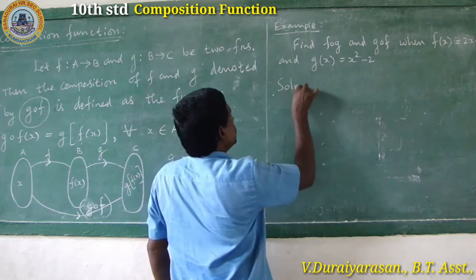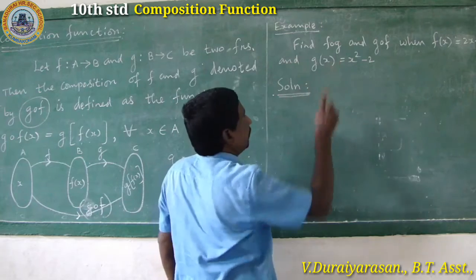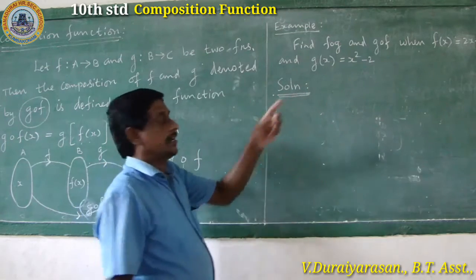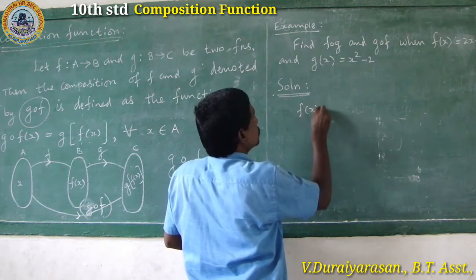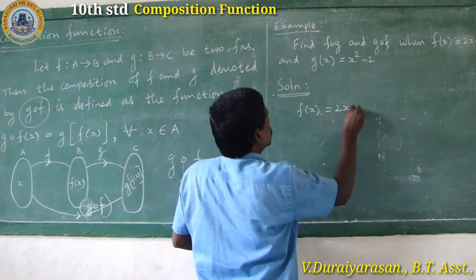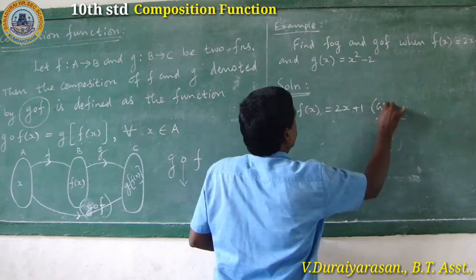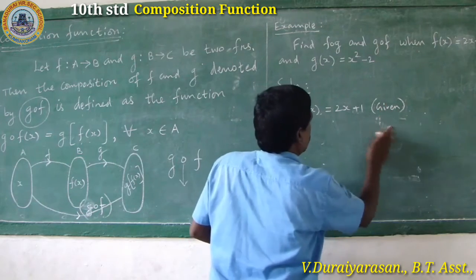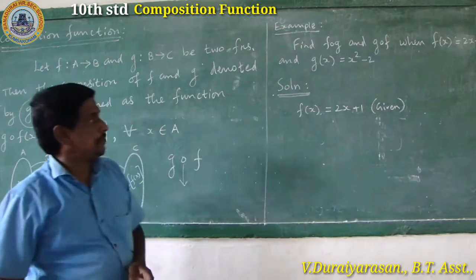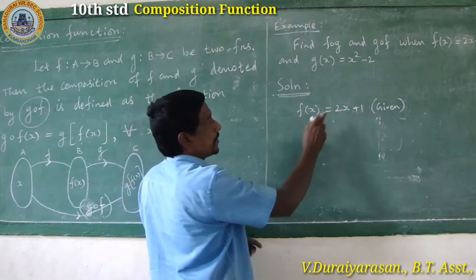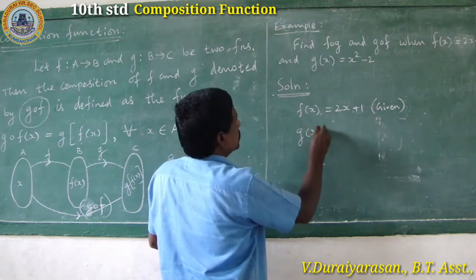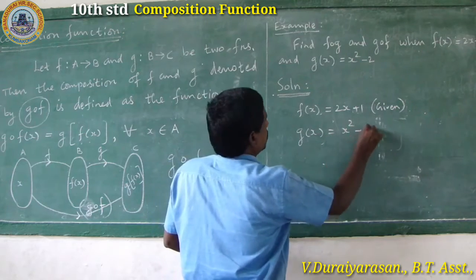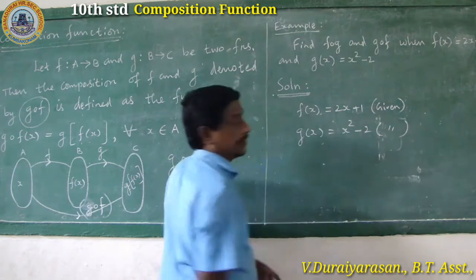How to find it? First, write the given functions: f of x is equal to 2x plus 1 and g of x is equal to x square minus 2.